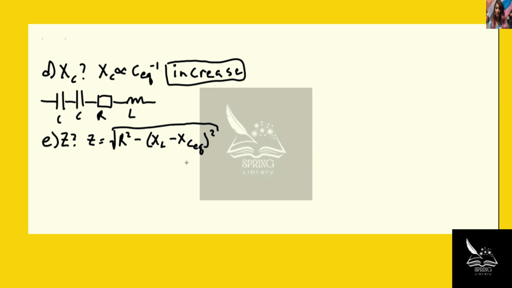We saw that the capacitive reactance increased, which means that this difference will decrease. And indeed, we can just evaluate this and find that it's 408 ohms, which is less than the 422 it was originally. So the impedance has decreased.